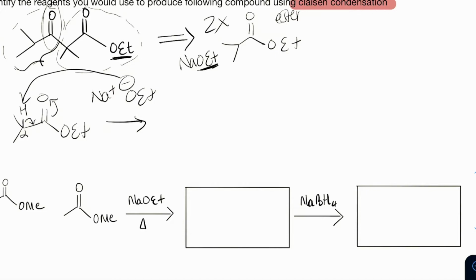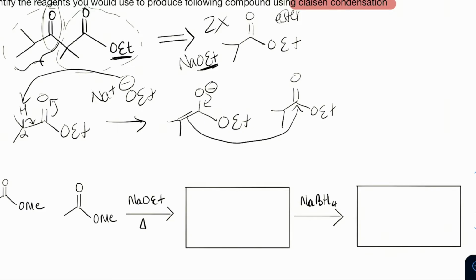And you get something that looks like this. And then this is going to want to push back into a carbonyl, and then you have another equivalent of that ester. So this is going to act as your electrophile, and then the double bond from the alkene is going to attack at that position. That's going to kick this up, and you end up with something that looks like this.